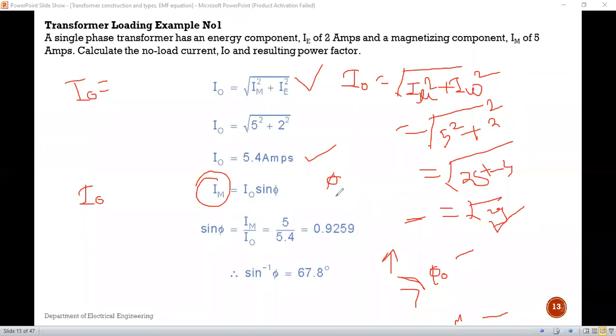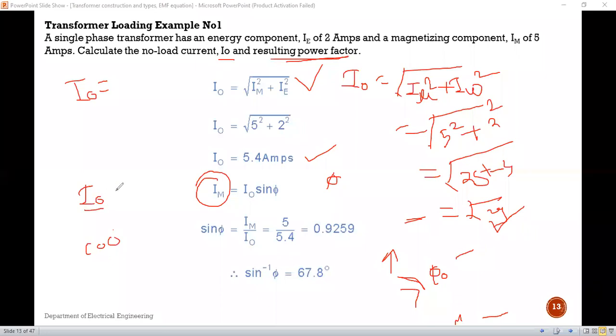Cos phi. Okay, so the definition is: power factor is the cosine of the angle between voltage and current. Whatever angle there is between voltage and current, the cosine of that is cos phi, and cos phi is nothing but power factor. So we want to calculate the resulting power factor.